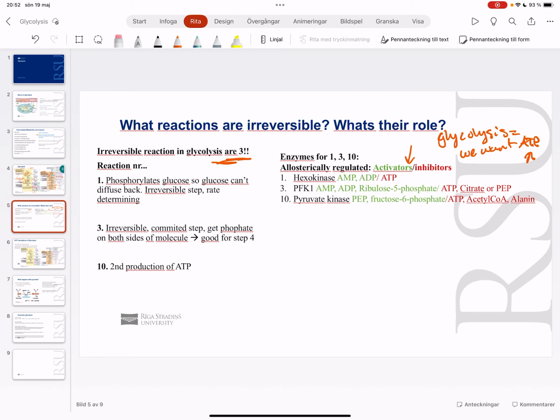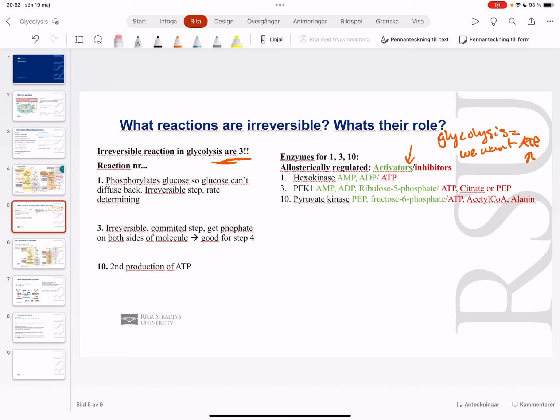But if we have AMP or ADP, that will activate glycolysis. And for phosphofructokinase 1, which is the enzyme for step number 3, if there is AMP, ADP, and fructose 2,6-bisphosphate, that will be activating the enzyme.